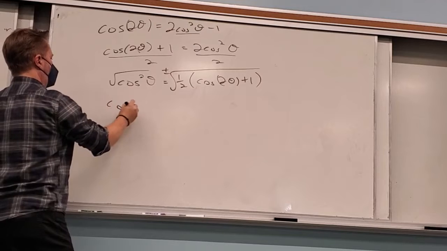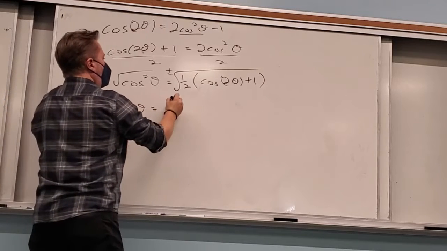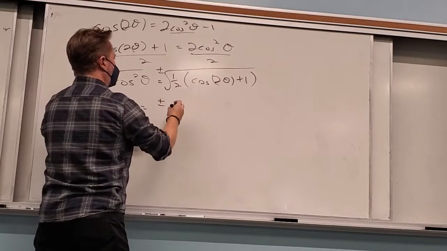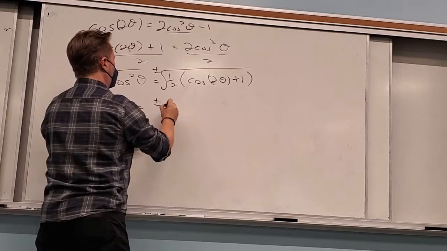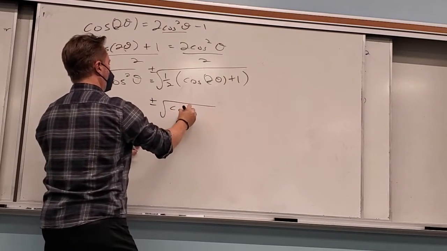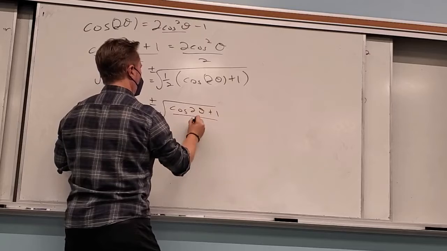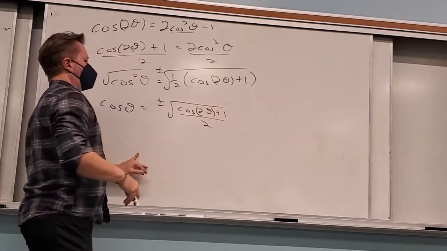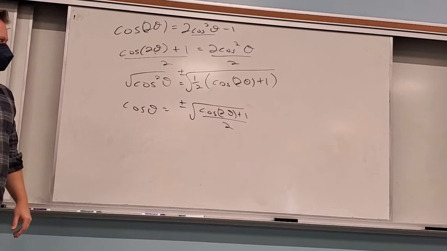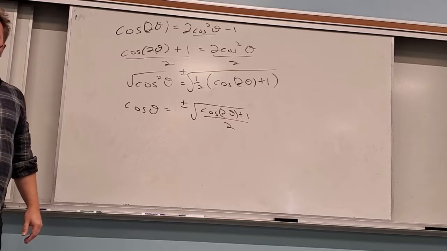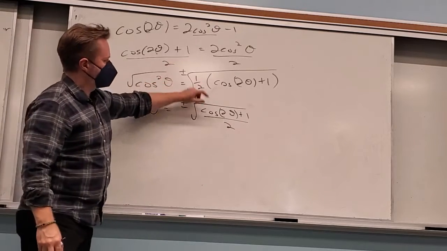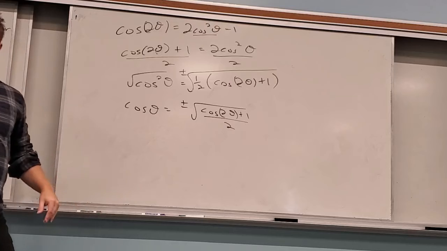So now I get cosine theta equals plus or minus, there are multiple ways to write this, so let's just do it like this. I can either write it as 1/2 or over 2, it doesn't matter.